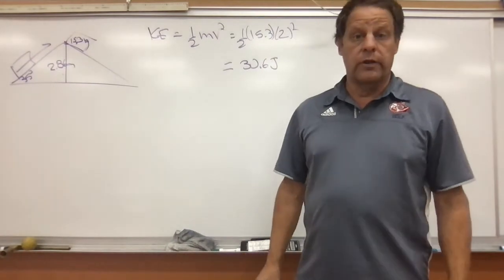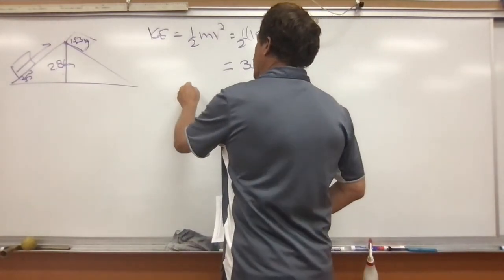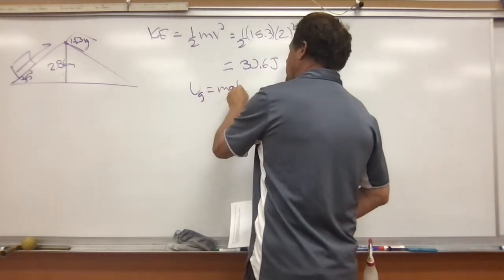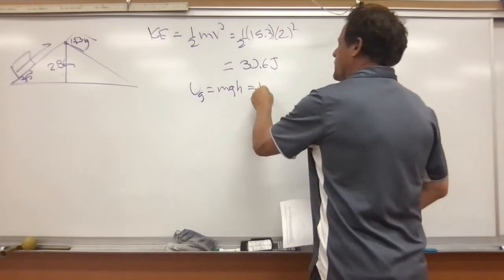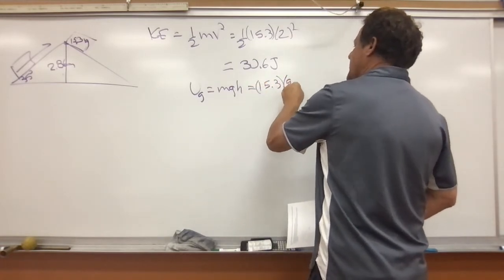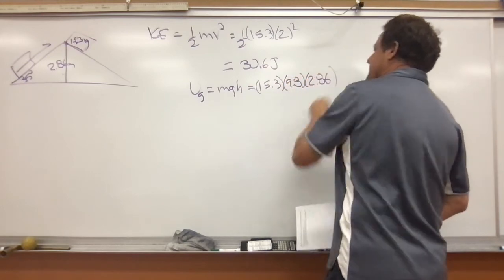What is the gravitational potential energy? And the gravitational potential energy is going to be equal to mgh, which is going to be 15.3 times 9.8 times 2.86.